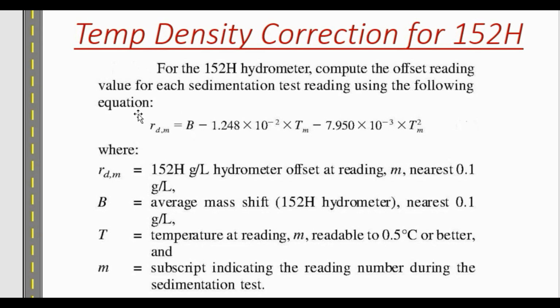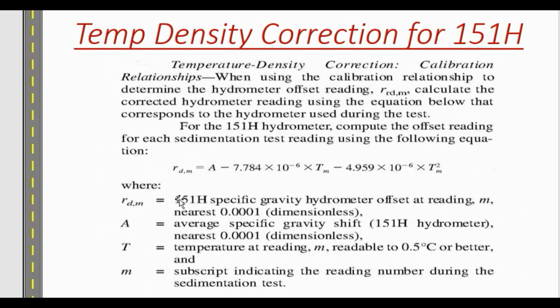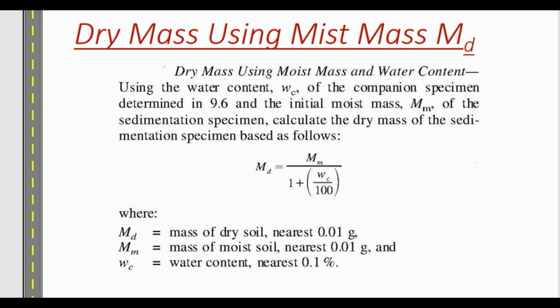We will have to calculate RDM for 152H and RDM value for 151H on the basis of constant value A and constant value B. After that, first of all we have to calculate the dry mass using the moist mass and water content.